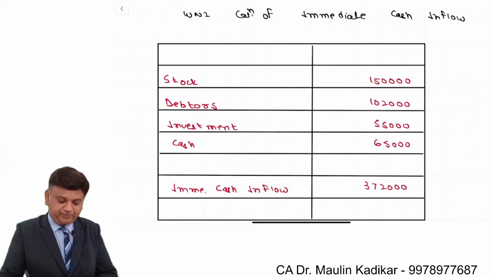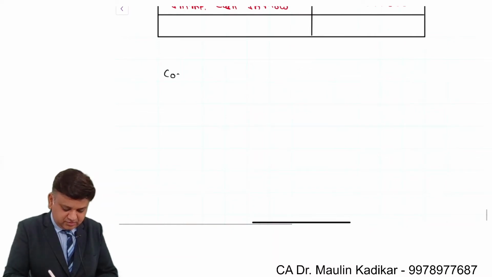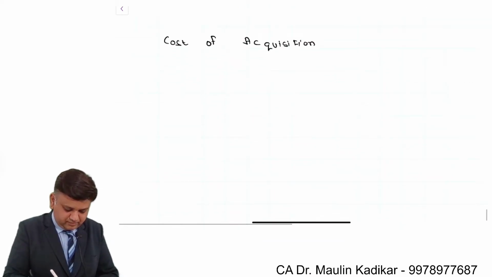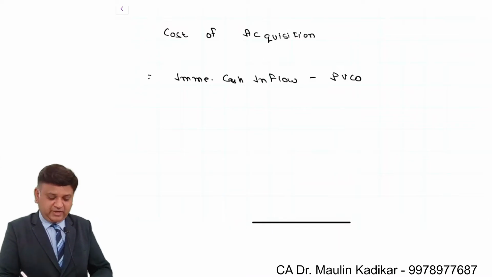Okay. Next is cost of acquisition. It is immediate cash inflow minus present value cash outflow.